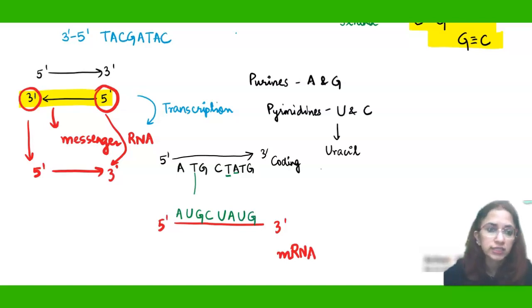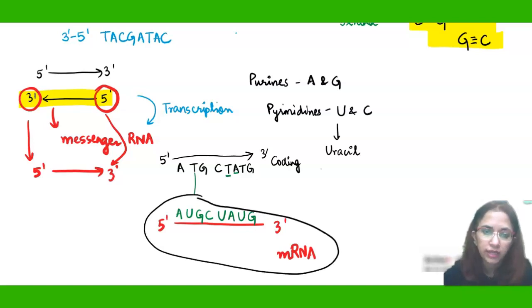So this is the sequence of the messenger RNA which we have deduced using the coding strand. The coding strand sequence is the same as that of the messenger RNA. The only difference is that T in DNA is replaced by U in RNA.